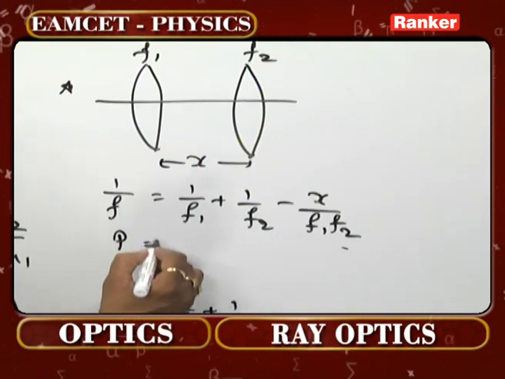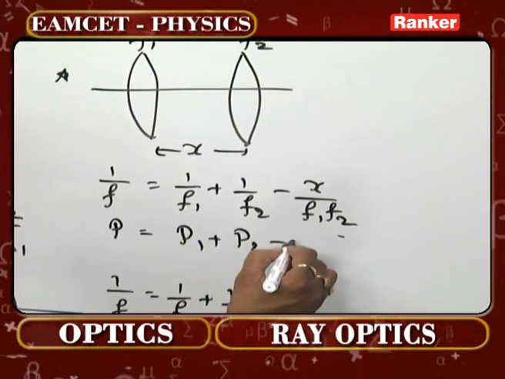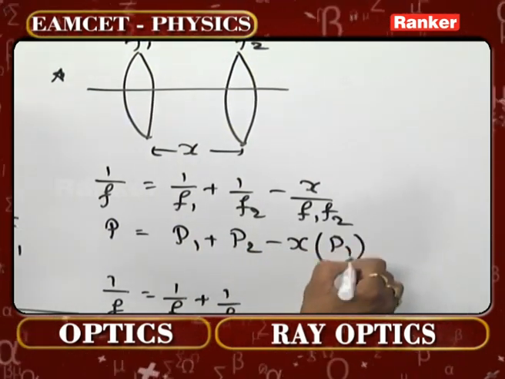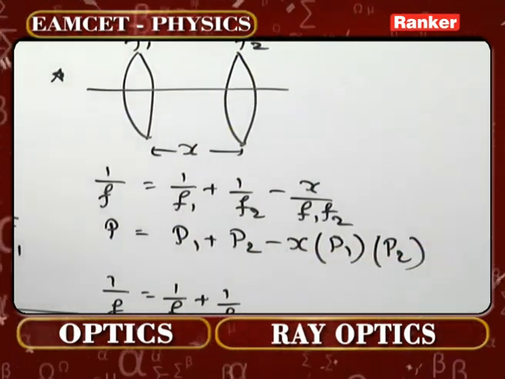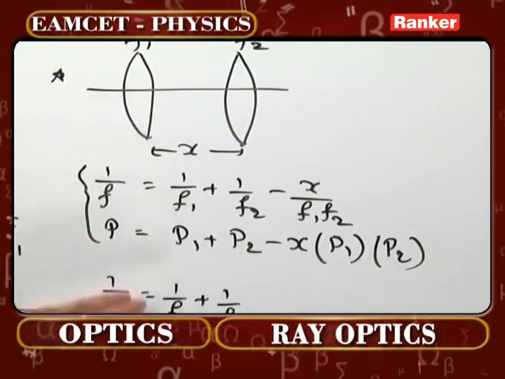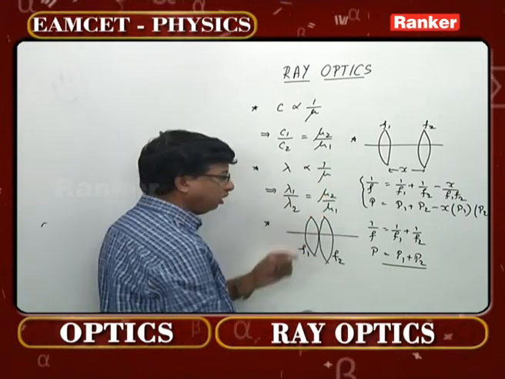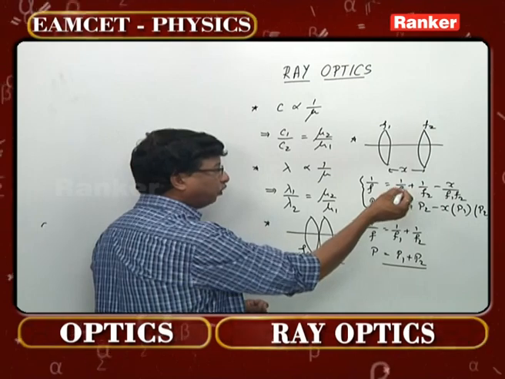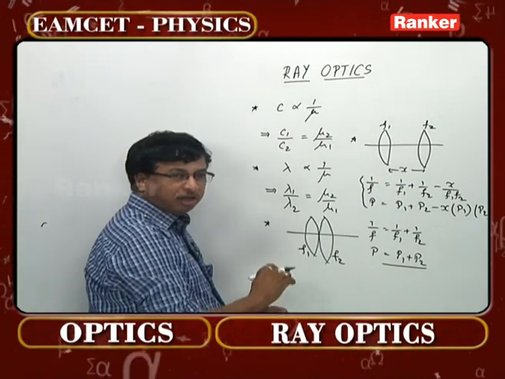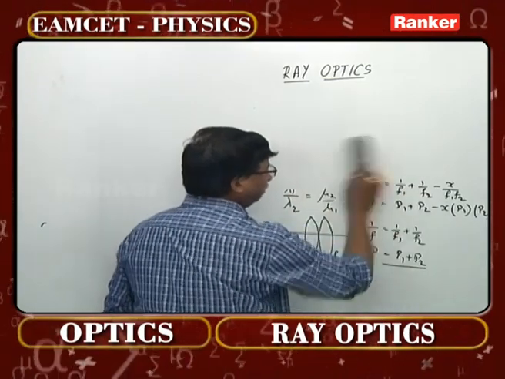Now focal power of the effective system will be P1 plus P2 minus x into P1 into P2. So this is actually the way we take it up. Only one point to be remembered in both the cases: if the lens is concave by nature, we write its focal length with a negative sign by convention. So this is one area we have to remember.